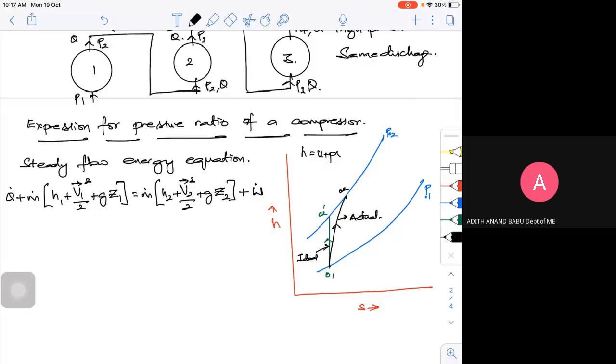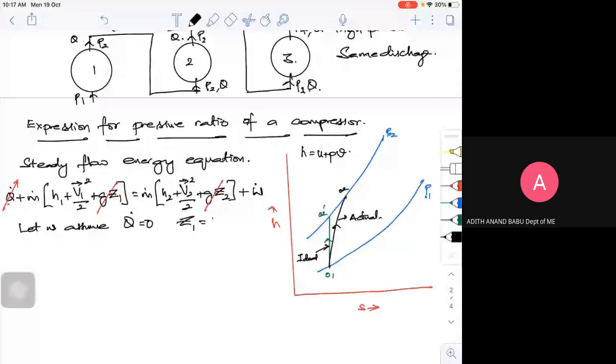Now, if you closely observe this, I have to ensure that there is no heat loss, and that your turbine or the compressor is in a parallel condition, that is, in the horizontal position. That's the assumption. So let's assume there is no heat loss, that is, Q is equal to 0, and Z1 is equal to Z2.